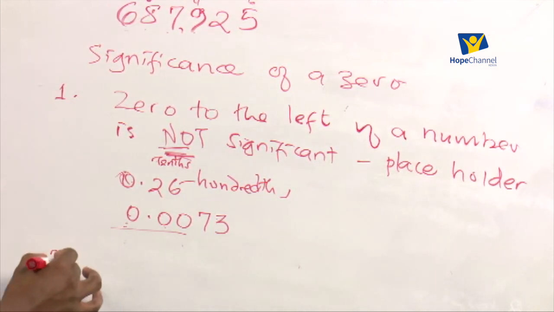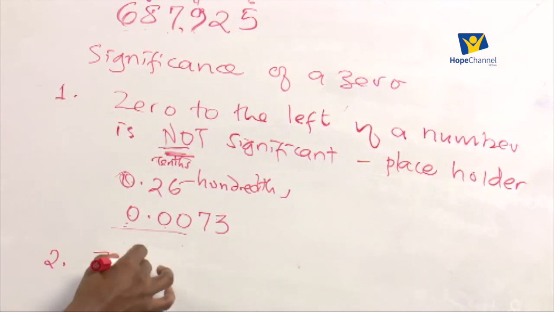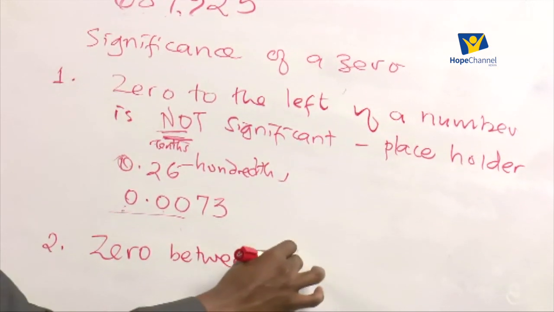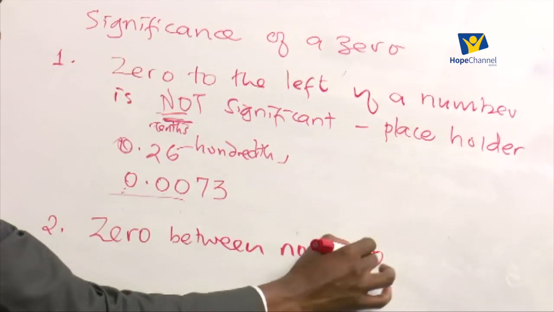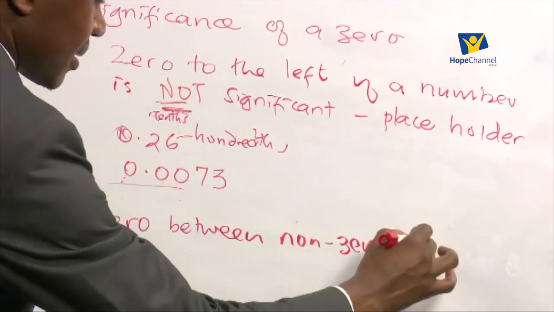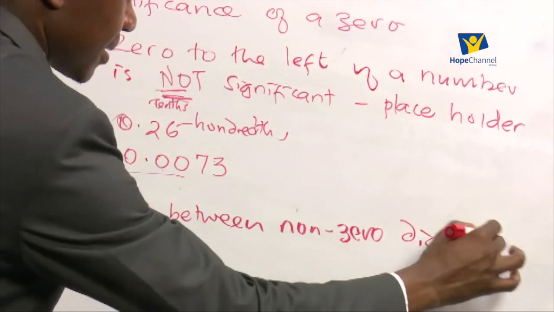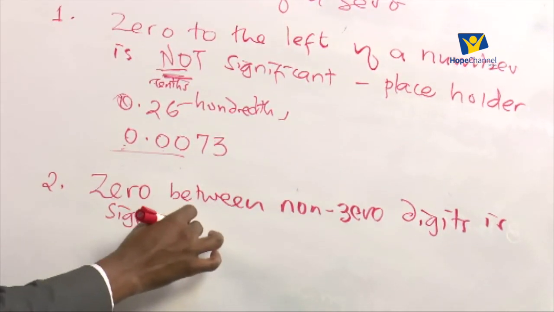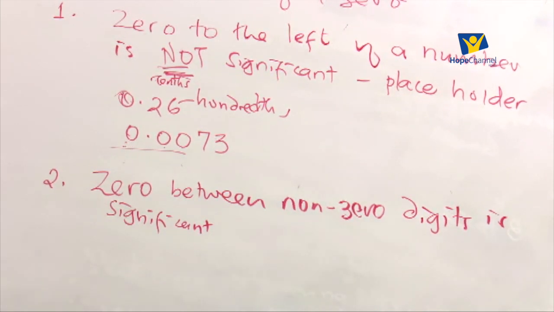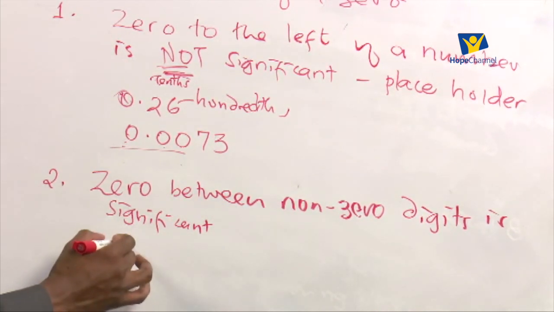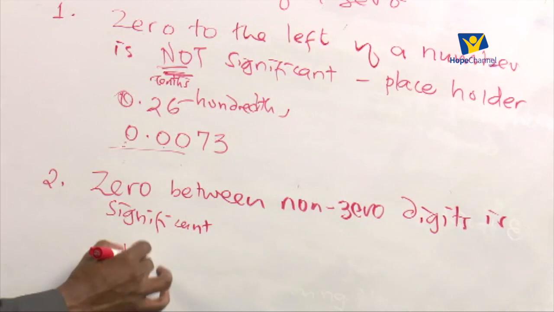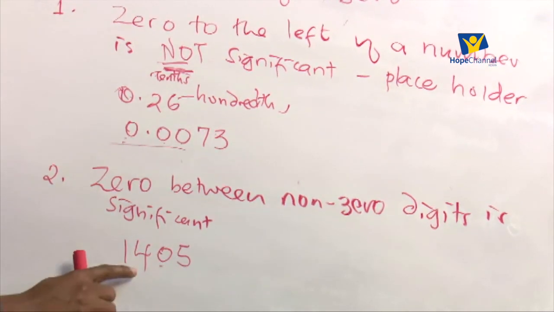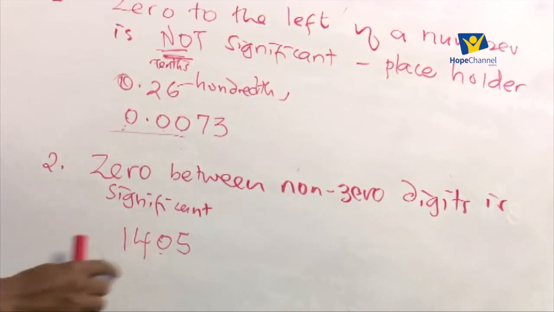Number 2: 0 between non-zero digits is always significant. For example, if I have a number, say 1405, that 0, because it is between 4 and 5, is significant.